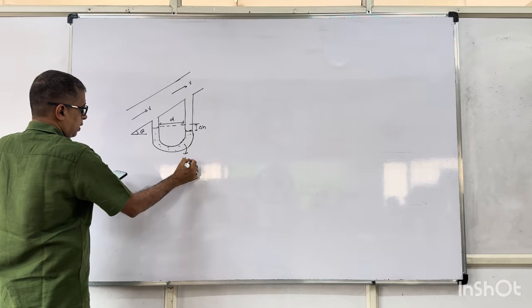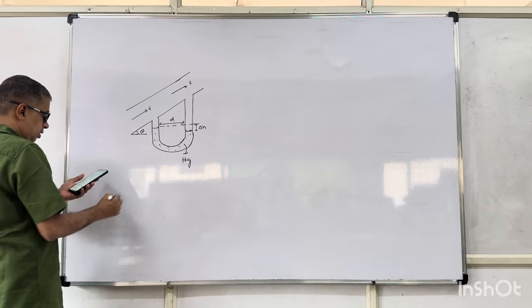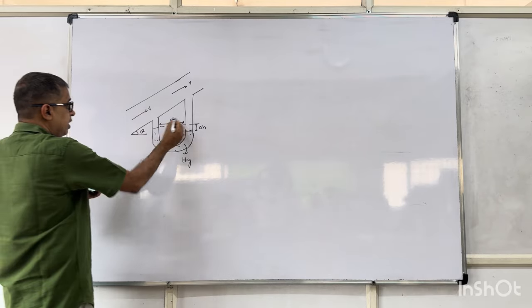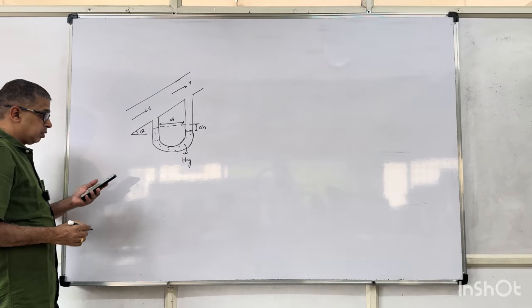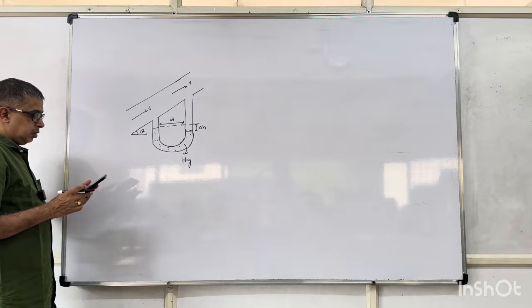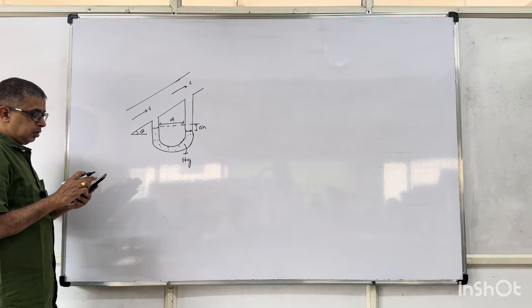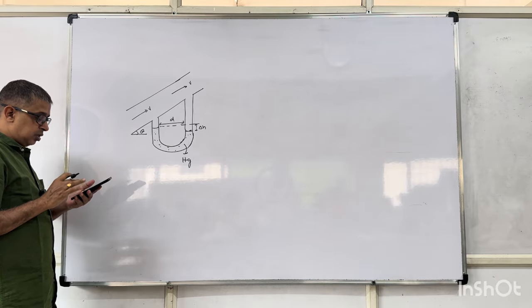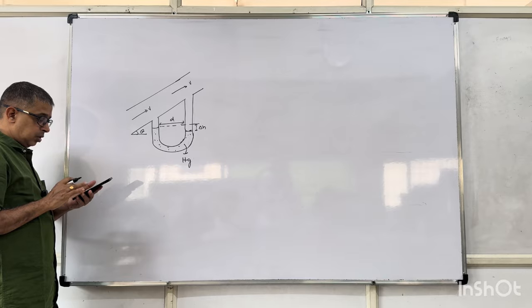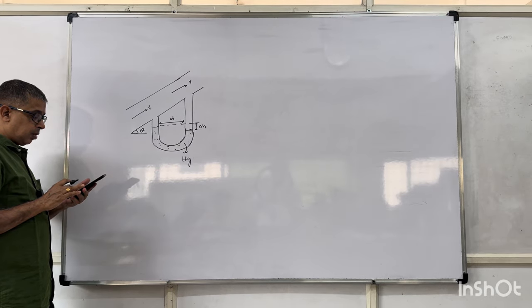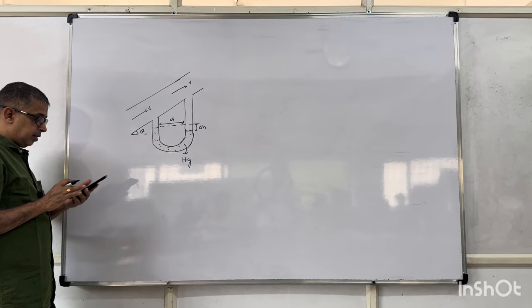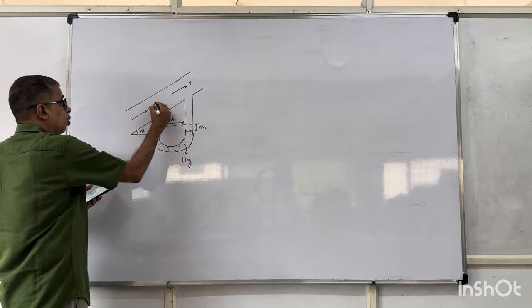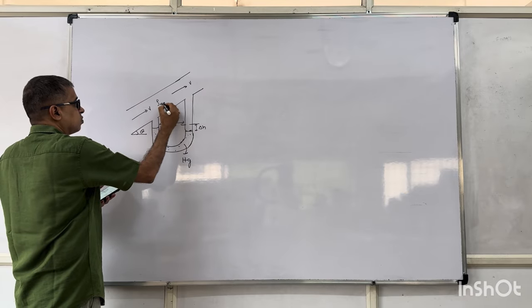You have got mercury, right? D is this distance. Rho is the density of the gas.